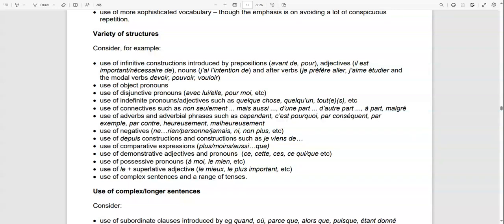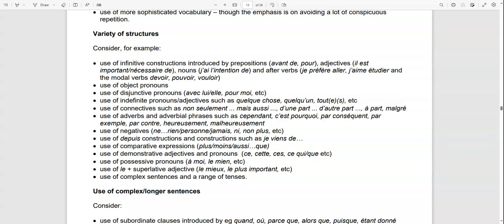We've got use of connectives, so those sort of linking words, such as non seulement, mais aussi. So not only, but also. D'une part, d'autre part. On the one hand, on the other hand.